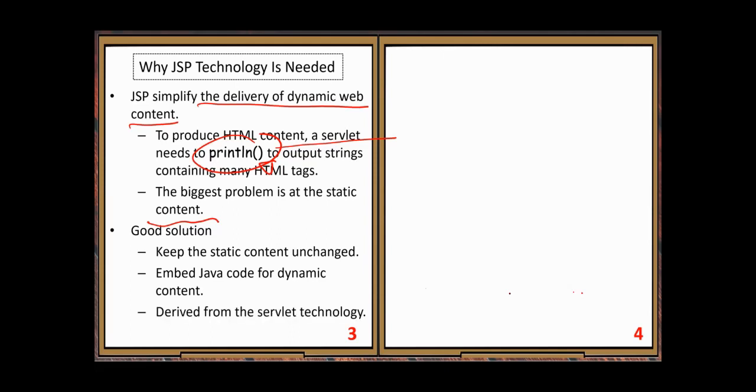The third one: this new technology should be derived from the servlet technology. Because it is not efficient to start from scratch. You already have servlet technology doing all the request and response handling. Why create another new technology to repeat this request and response handling? That's not efficient. If you combine all these three points, that is the JSP technology.